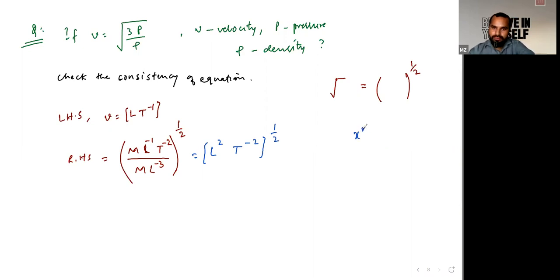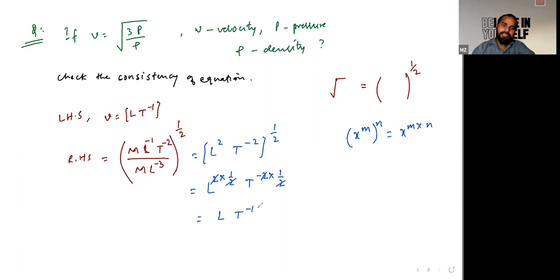As we all know the rule of exponents, if x to the power m is raised to the power n, the powers get multiplied. By the same rule, it becomes L square into power half and T to the power -2 into half. This 2 and this 2 cancel out, and this 2 and this 2 cancel out. So we're left with L to the power 1 and T to the power -1.